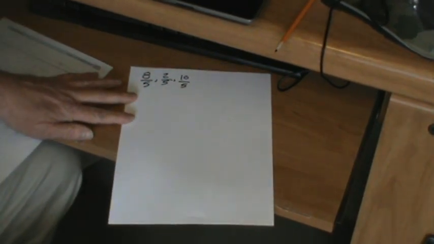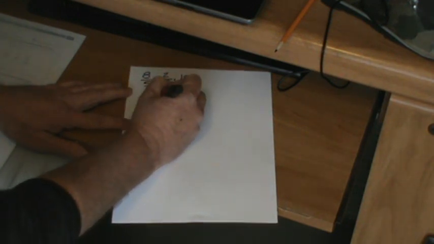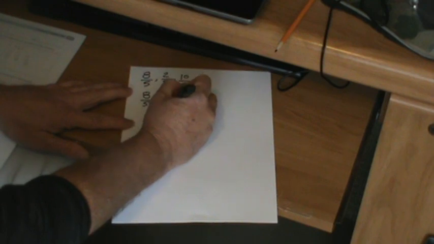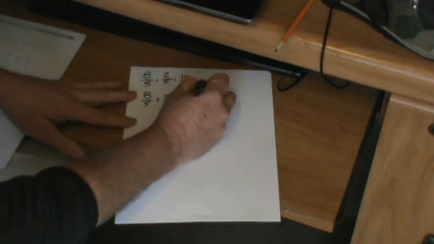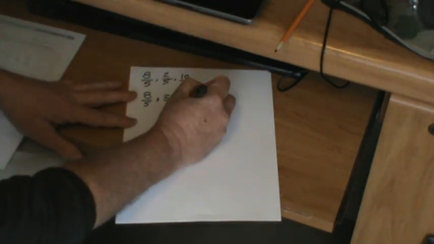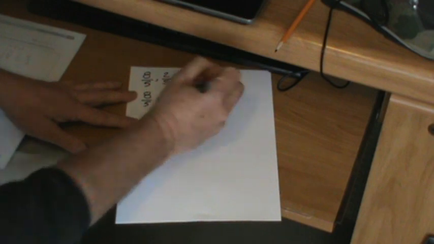So let's go ahead and get started, and we'll start off with, let's just do the first 2. 8/5 plus 2/5. What would that equal? Well, remember, the denominator does not change. And then 8 plus 2 would be 10. So we have 10/5.